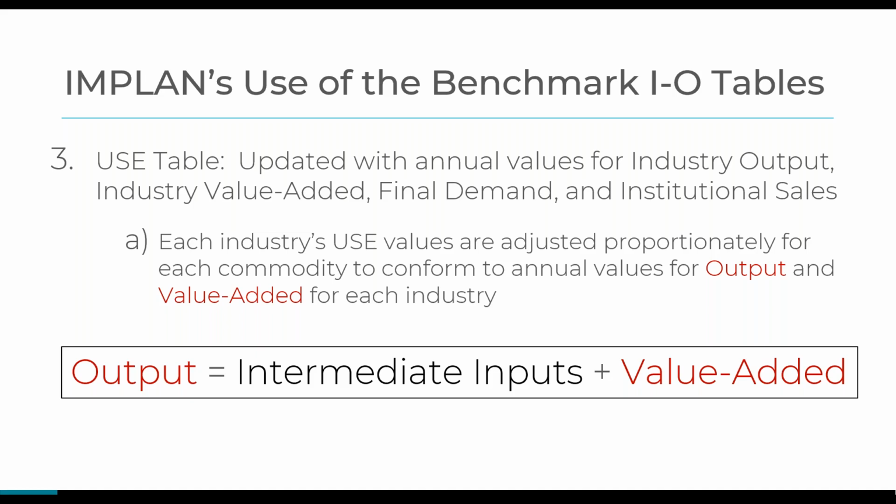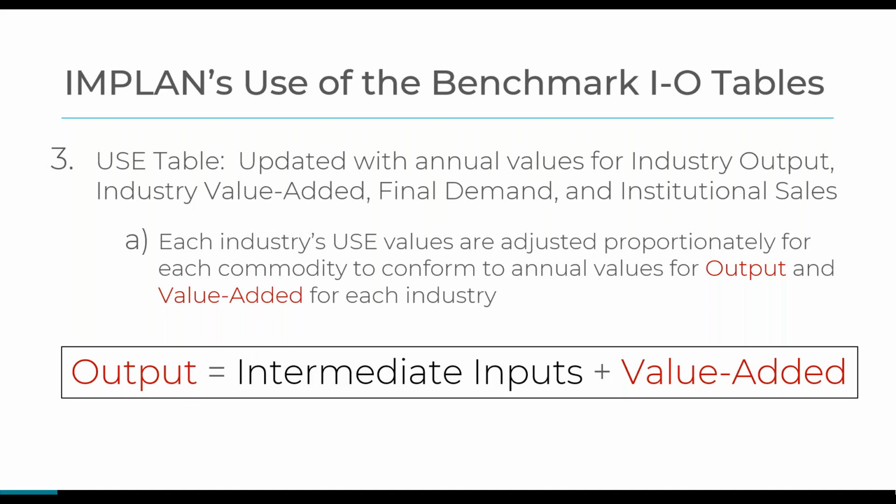And so this equation has to hold. And so if we get new values of output every year for an industry, and we get new values of value added for that industry, well then intermediate inputs, the sum of intermediate inputs, either has to increase or decrease accordingly to make this equation hold.